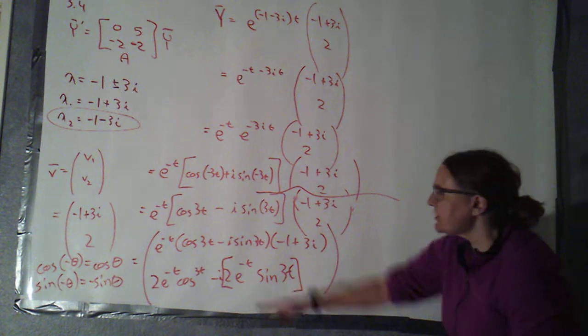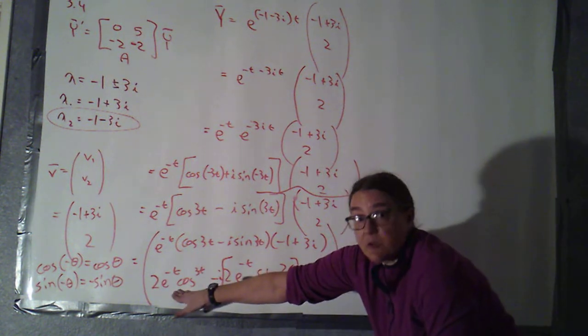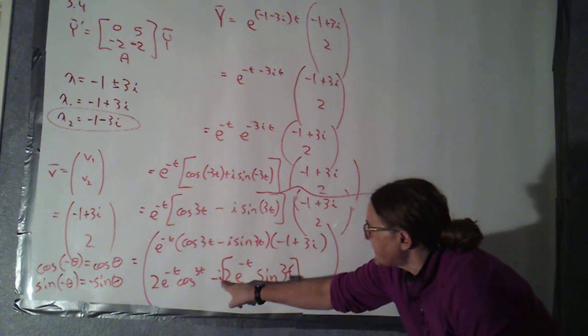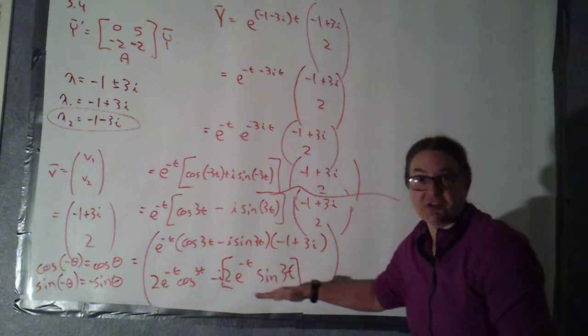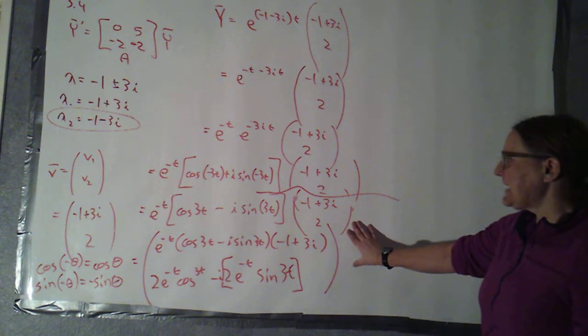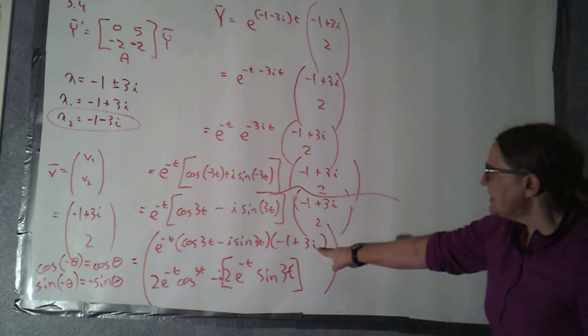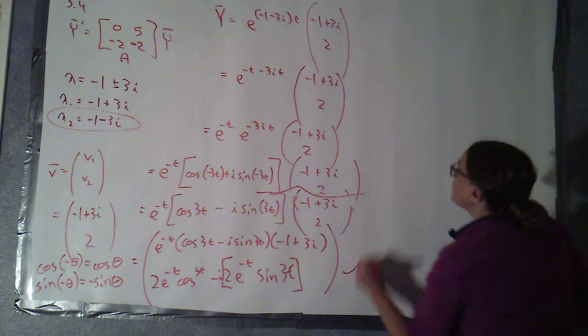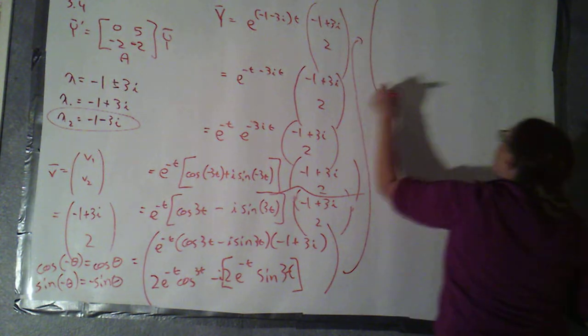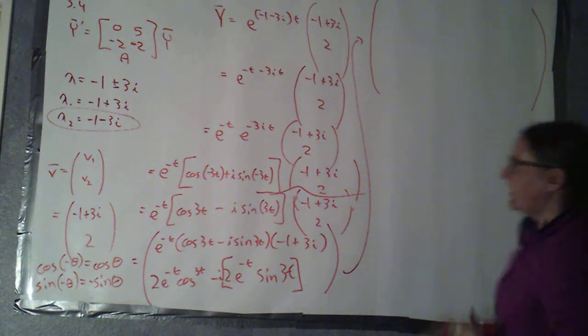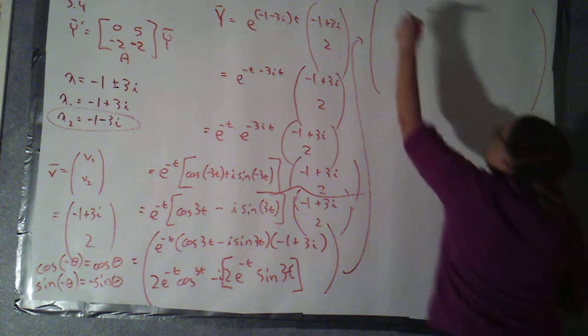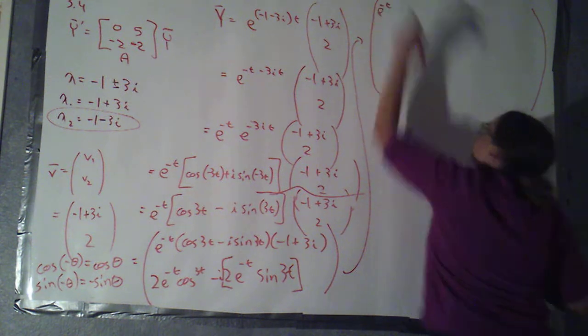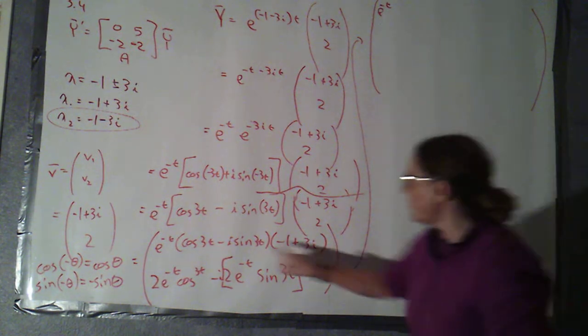Okay, so notice on the bottom I've got this neatly written as a real part plus i times an imaginary part. That's how I'd like to get the top written as well. So I'm going to just FOIL out the stuff that I have there. Coming up to this part of the board, for the time being, I'll just keep that e to the negative t off to the side and FOIL this out.